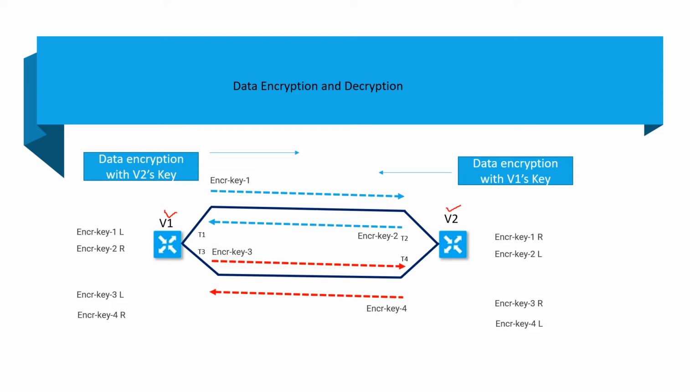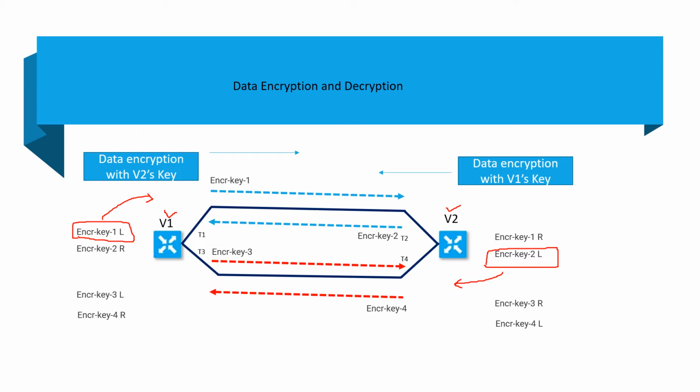I'm going to have a locally generated key, which is key 1, and on the remote, I'm going to have key 2, which is locally generated. Now there is going to be the key exchange. So this key 1 will go to the peer. Similarly, this key 2, which is locally generated, will go to the peer from the vSmart via OMP updates.